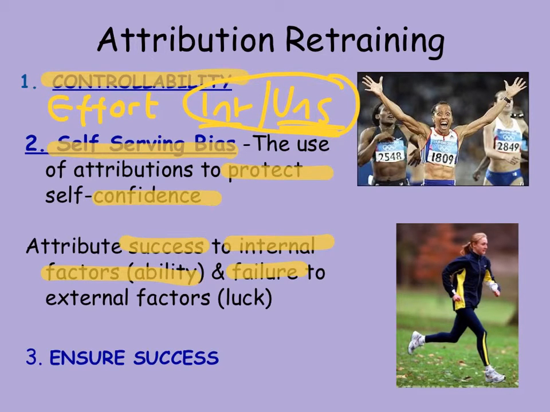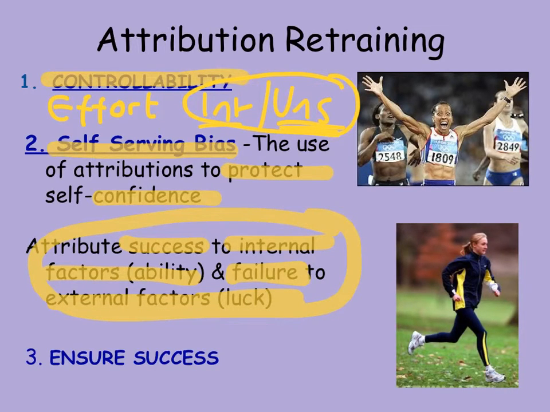So I'm giving myself that pat on the back and gaining the confidence that I should be getting from that success. So when I do well, I need to give myself some credit. When we fail, we need to blame it on external factors like luck. So blame the referee, the conditions, that we didn't get the rub of the green, and this keeps our confidence high.